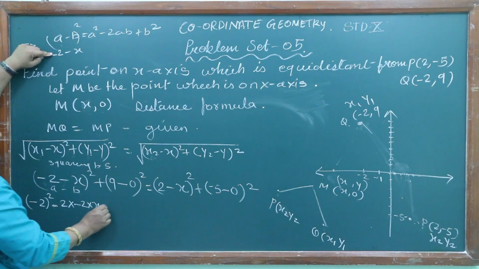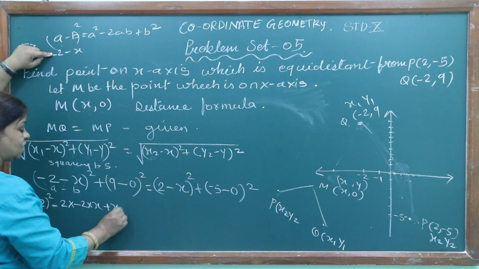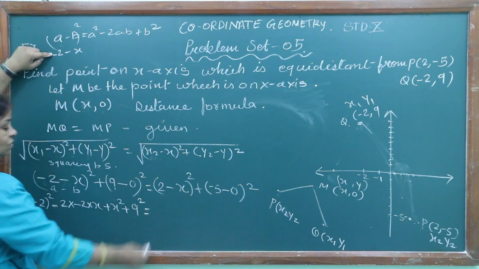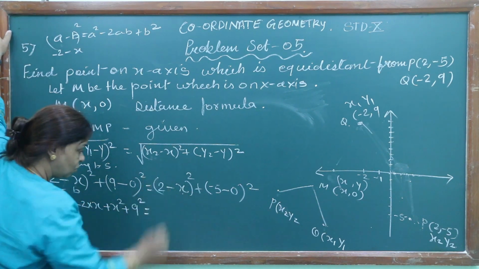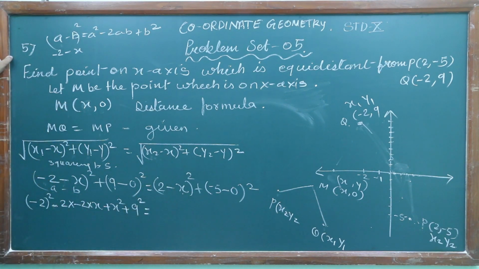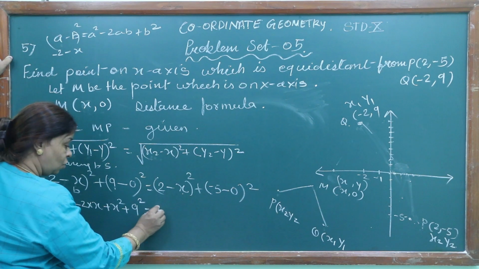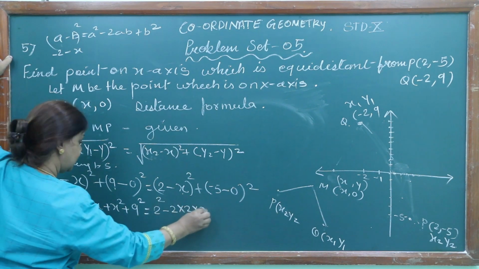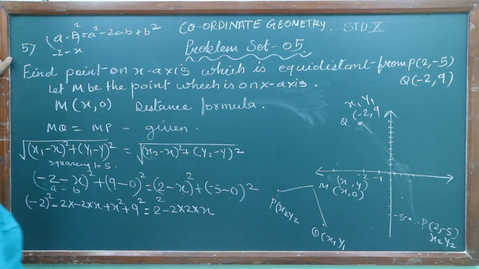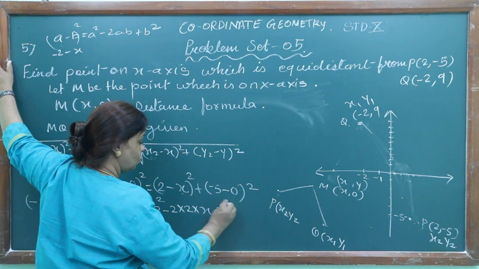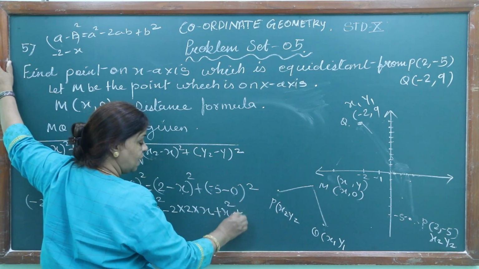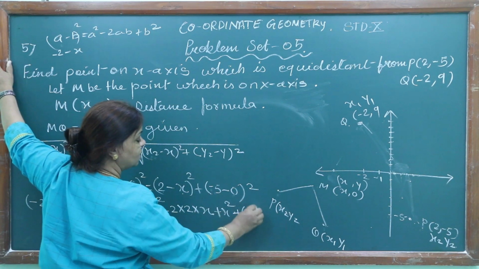Plus b square means x square, plus 9 square, is equal to, again a minus b the whole square. That is 2 square minus 2 into x plus x the whole square, and minus 5 minus 0 gives minus 5 the whole square.